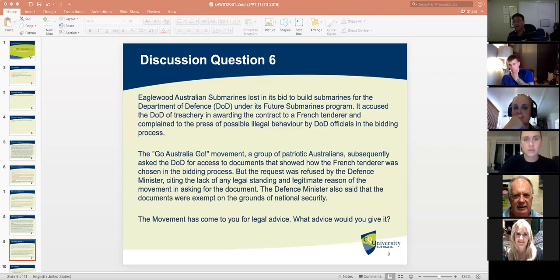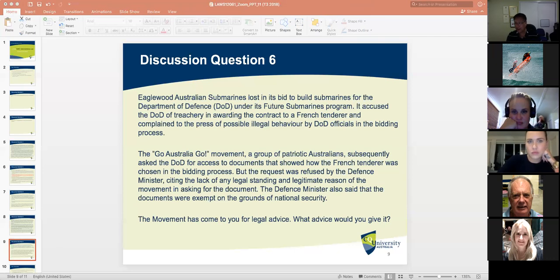It should be clear that under Section 33 in particular, the document can only be considered an exempt document on the ground of national security if there is a chance that it will reasonably cause damage to the security of the Commonwealth. So that is the onus on the part of the minister. The minister must be able to establish and justify that by releasing this document, it would or could reasonably be expected to cause damage to the security of the Commonwealth. Do you think that is a plausible reason there?